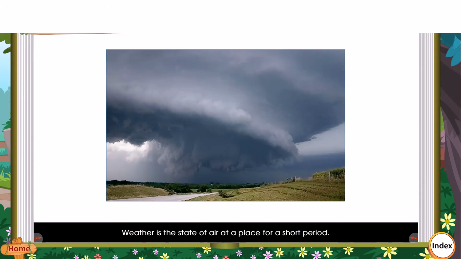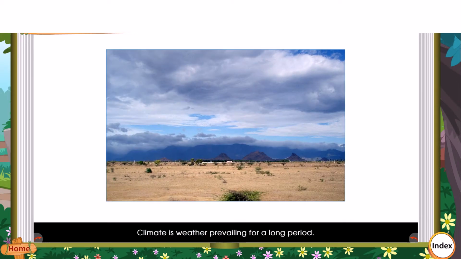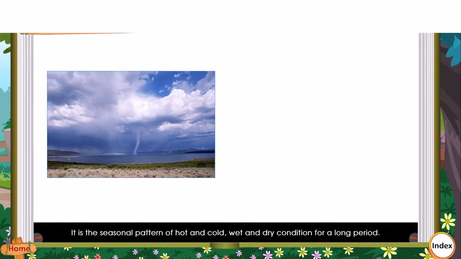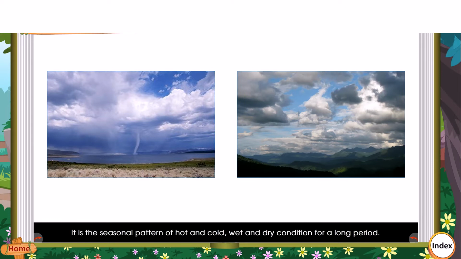Weather is the state of air at a place for a short period. Climate is weather prevailing for a long period. It is the seasonal pattern of hot and cold, wet and dry conditions for a long period.